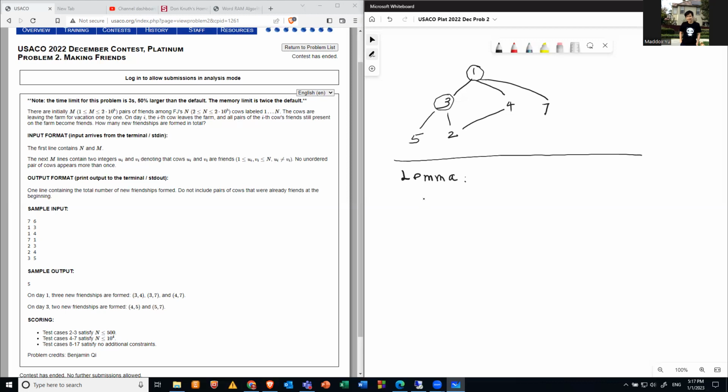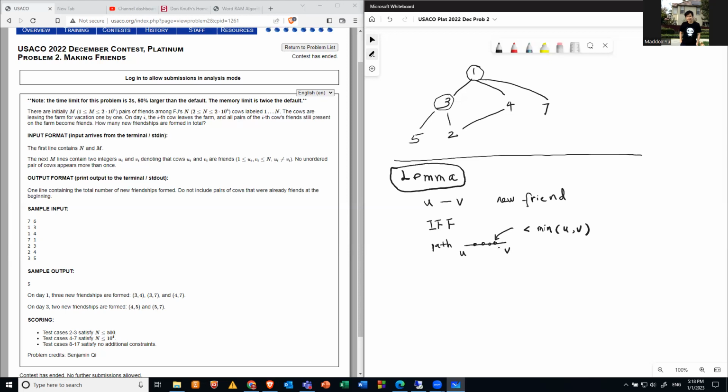If two points, U and V, will become new friends, they will become new friends if and only if there is a path between U and V, where all the nodes on this path are less than the minimum of U and V. So that's the lemma we're going to prove first.